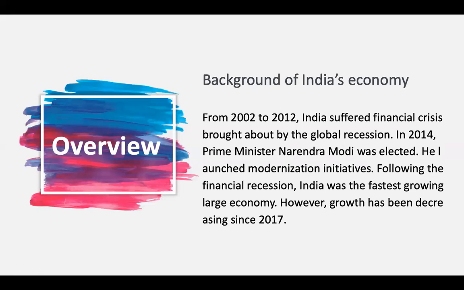Another change was that foreign investors could now own 100% of an Indian airline compared to 49% from before. Also, they could own 100% of arms-related projects.